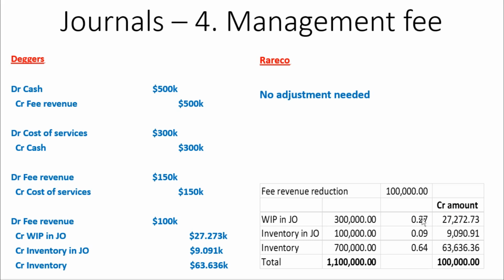Because of that $100,000 profit that we don't want to recognize, or that revenue. And so we reduce our inventory related accounts because that management expense was capitalized into inventory. So it was just a complete coincidence that the fee revenue reduction and depreciation adjustment both happen to be $100,000. So our credit amounts are exactly the same.